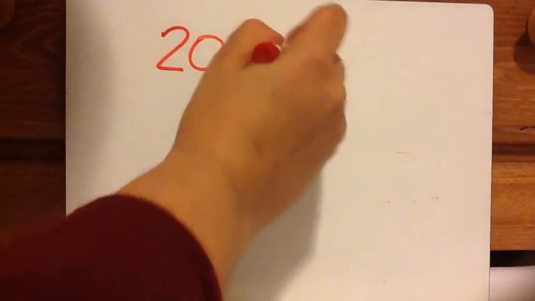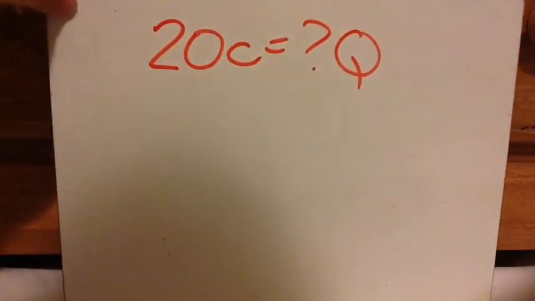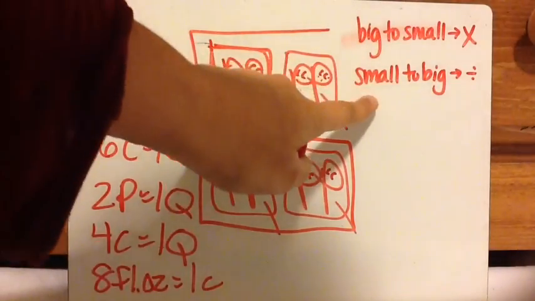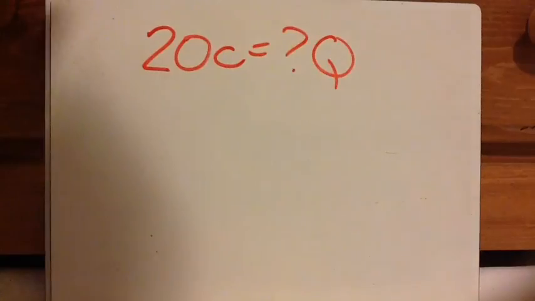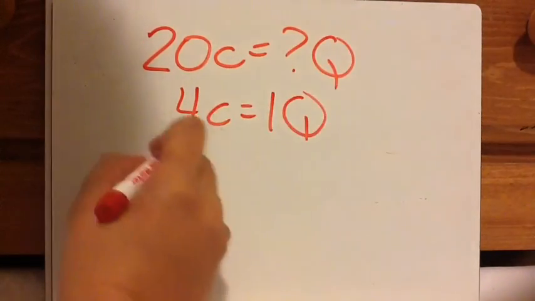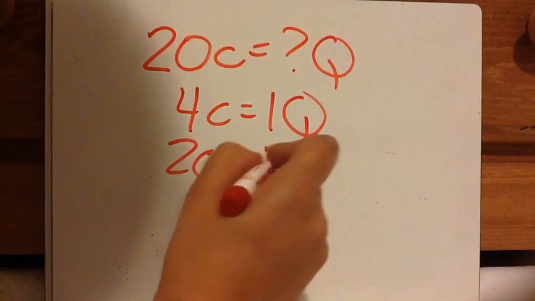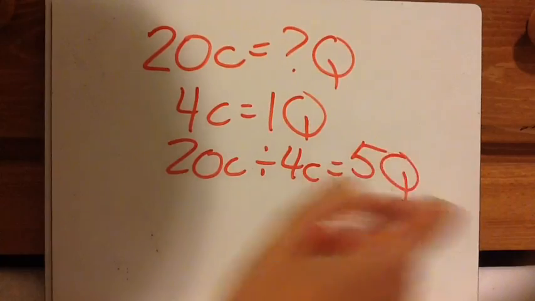So suppose I'm asked 20 cups is how many quarts? So this is a small unit to a big unit, and if you remember, when you go from small to big, you actually have to divide. So we have 4 cups equal 1 quart, so I would do 20 cups divided by 4 cups, which equals 5 quarts.